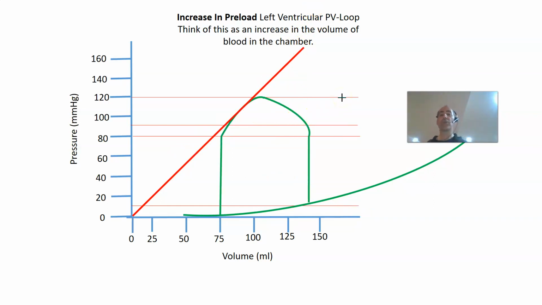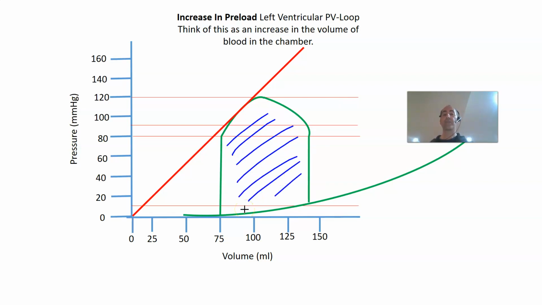So to review: one, you should use these diagrams in this PowerPoint presentation and the PowerPoint presentations for practice. Two, preload is the amount of fluid that is in the chamber before it begins to contract.